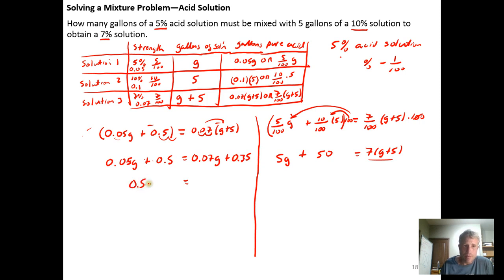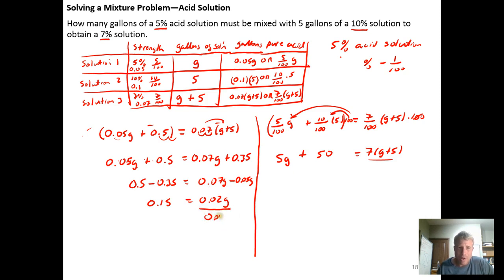So we'll get 0.5 minus the 0.35 and subtract 0.05 G from both sides. So 0.07g minus 0.05g, 0.07 minus 0.05 is going to give us 0.02g, and this is going to give us 0.15.